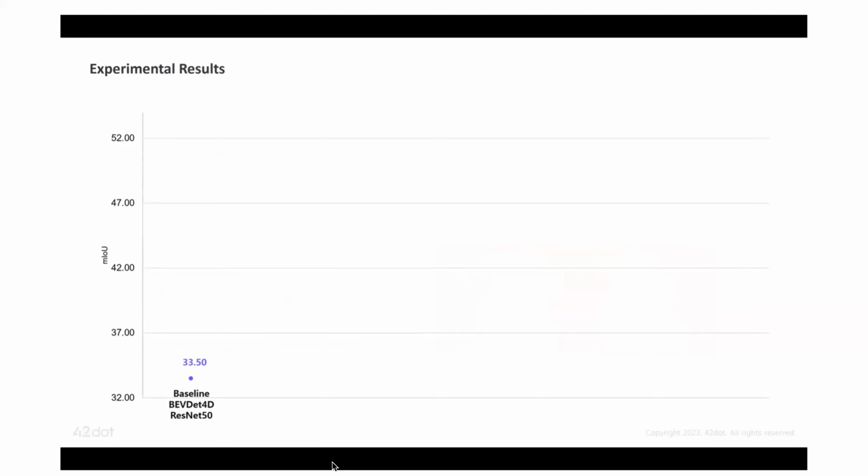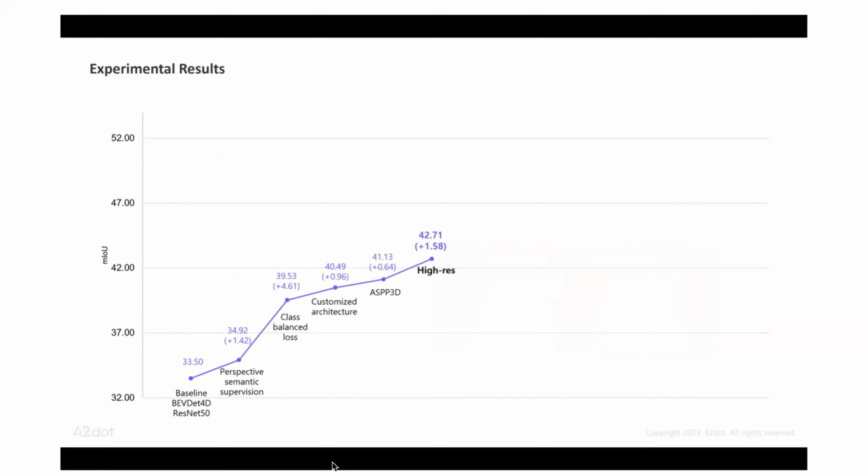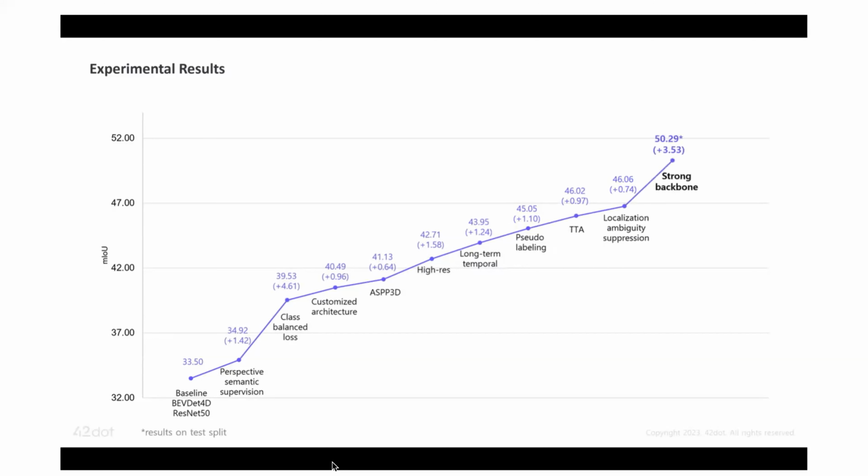Here we show the performance improvement as we added different components, including perspective semantic supervision, class balance loss, customized architecture, high resolution input, long-term temporal, pseudo labeling, test augmentation, localization ambiguity suppression, stronger backbone, and finally model ensemble.